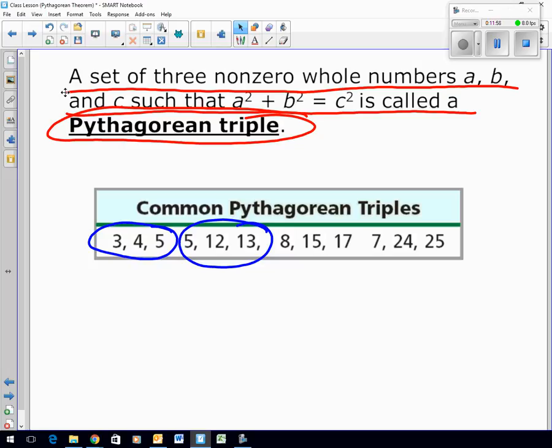And the reason I want you to write them down and maybe kind of know them is because if you start seeing 3, 4, 5 or 5, 12, 13 in sides of triangles, you should be thinking, whoa, this looks like a Pythagorean triple. 3, 4, 5, 30, 40, 50, 300, 400, 500. 5, 12, 13. Same thing. So, Pythagorean triples.